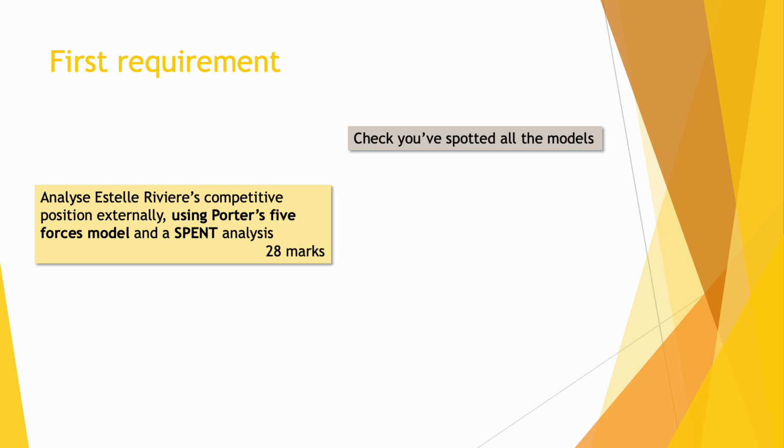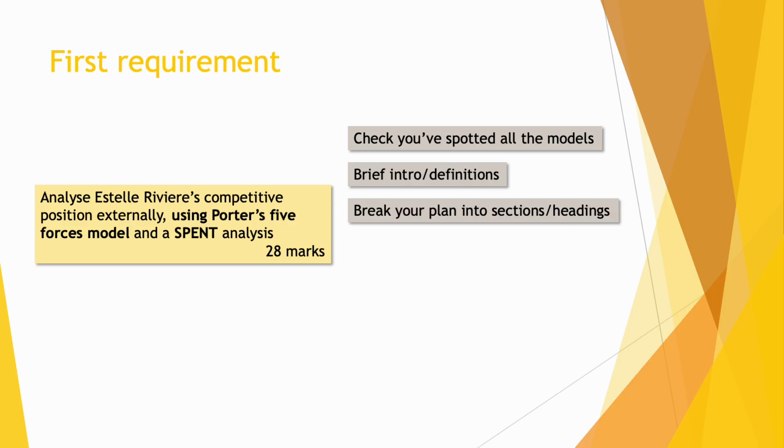Now, what we then need to think before we start writing is how we're going to structure our answer. So it would not necessarily be a bad idea to have maybe a brief introduction to each model as we're going to use it, or definitions just to say what it is we're trying to do. And then for the main body of the answer, what I would always try and do is break it down into sections or headings.